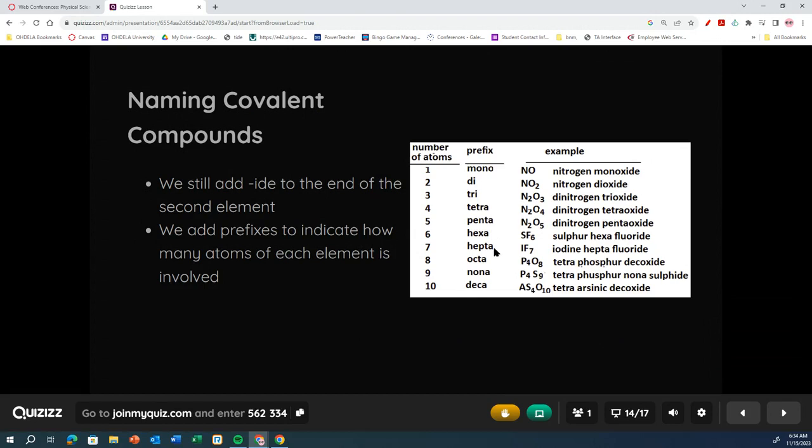Hexa for 6, hepta for 7, octa for 8, nona for 9, and deca for 10. So here are some examples. Nitrogen monoxide, remember the first element does not have to have mono in it, but if we get to 2 of the first element, we have to use a prefix, so dinitrogen trioxide here.